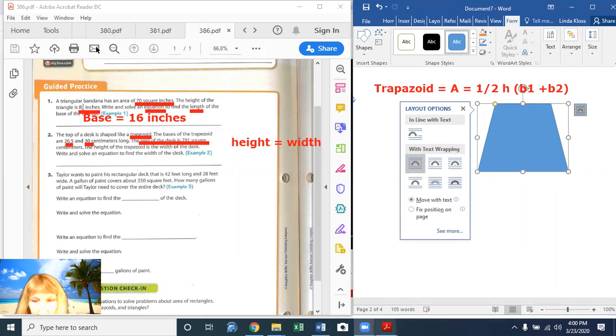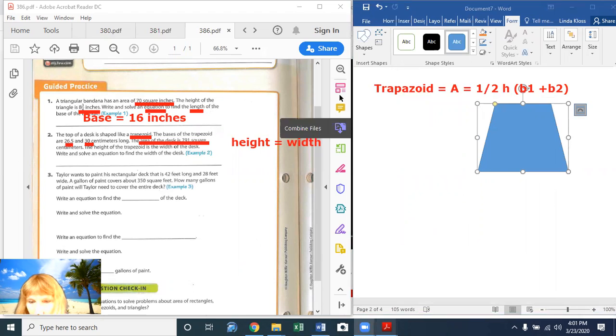Let's label what we know. Height is the straight down. What is the height? We don't know it, do we?